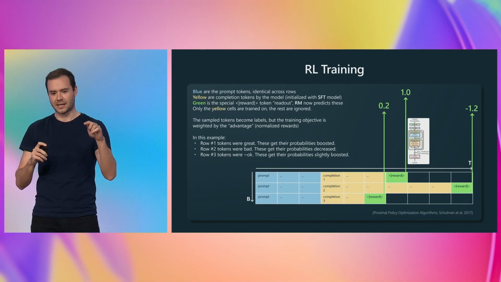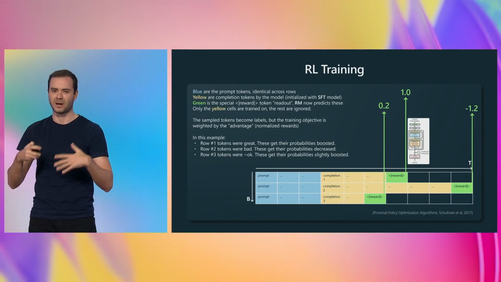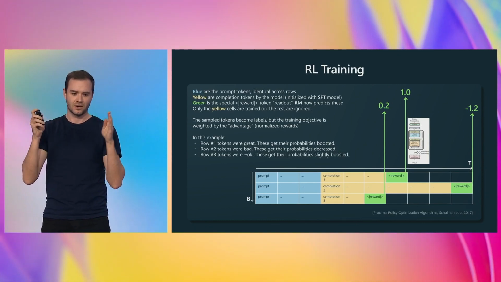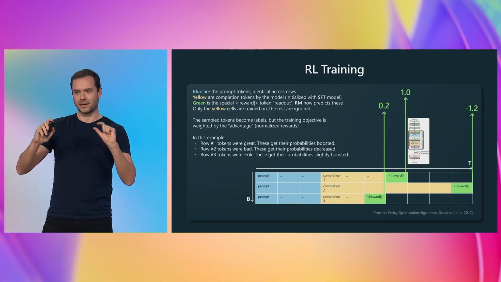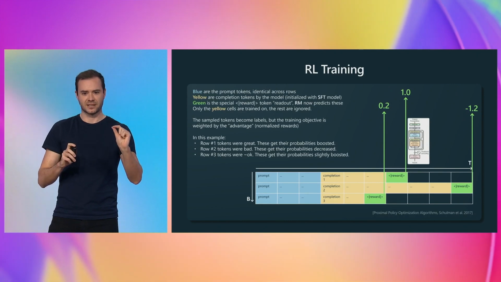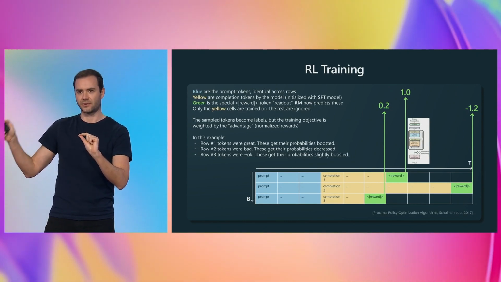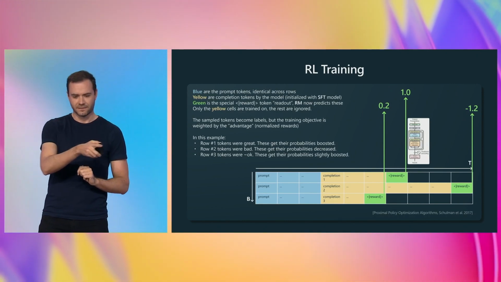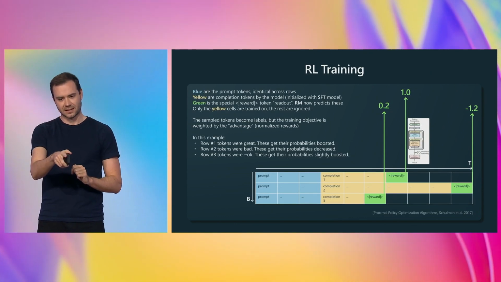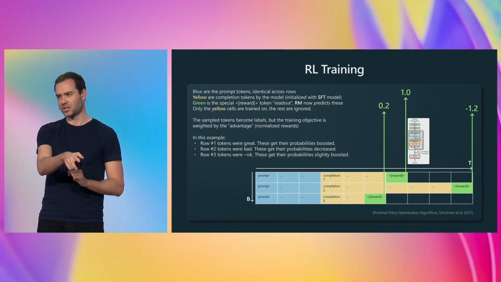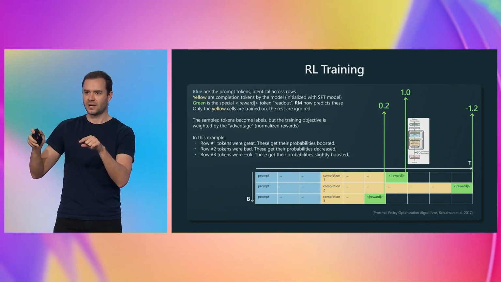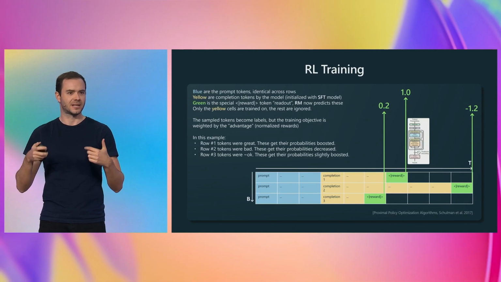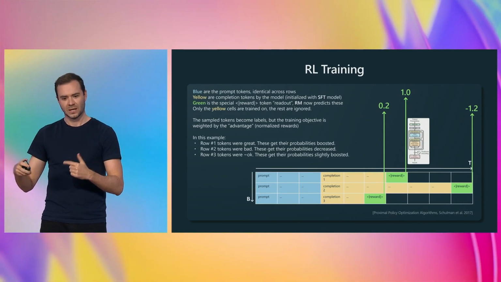And so what we can do is we can now just apply the same language modeling loss function, but we're currently training on the yellow tokens, and we are weighing the language modeling objective by the rewards indicated by the reward model. So as an example, in the first row, the reward model said that this is a fairly high scoring completion. And so all of the tokens that we happened to sample on the first row are going to get reinforced, and they're going to get higher probabilities for the future.